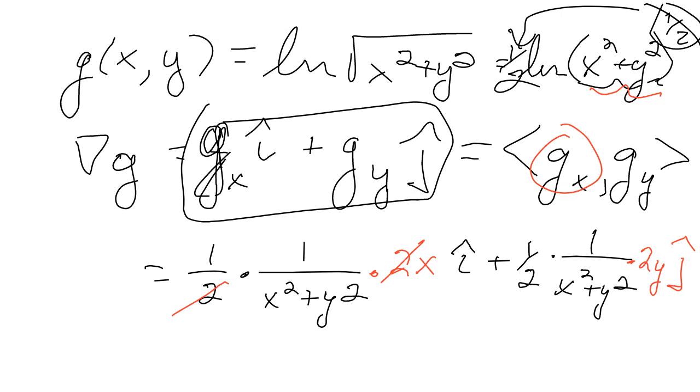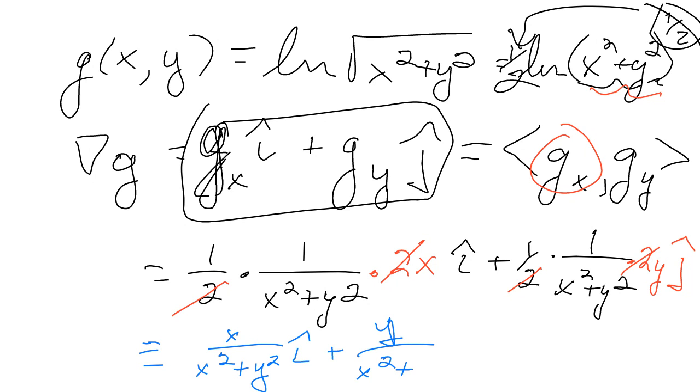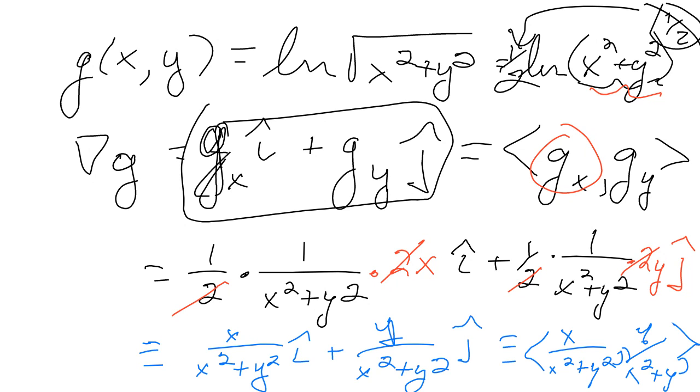We notice that the 2's cancel out, and we get that this is equivalent to x over x squared plus y squared i hat plus y over x squared plus y squared j hat, right? Or if we wanted to write it in vector notation, it's x over x squared plus y squared and y over x squared plus y squared with a comma in between, in the vector bracket notation. Okay.